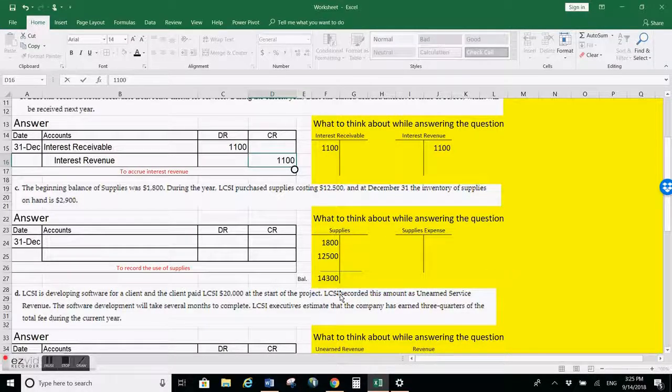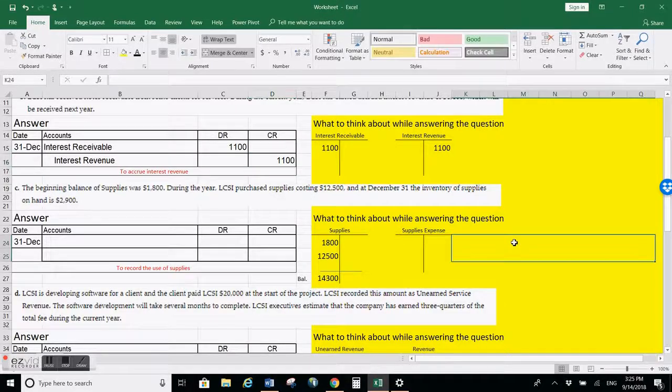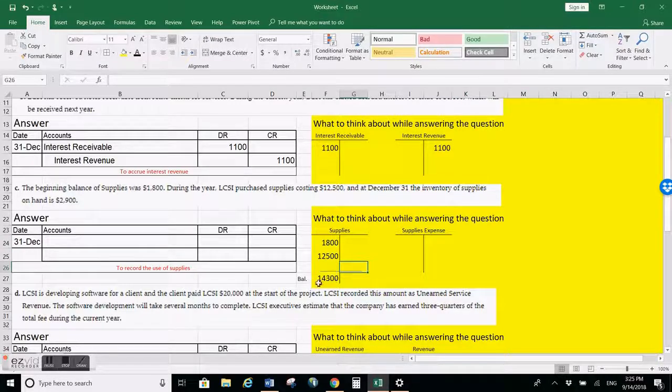So we're trying to figure out how much of this $14,300 worth of supplies has been used up. Anything that is used up goes into an expense account, because that's basically what expense means. So if we take our $14,300 and subtract the $2,900, that must be what's been used up. So let's do that.